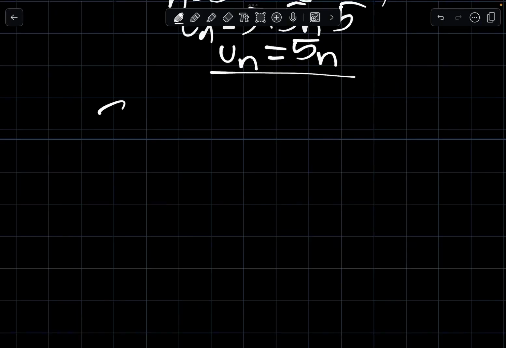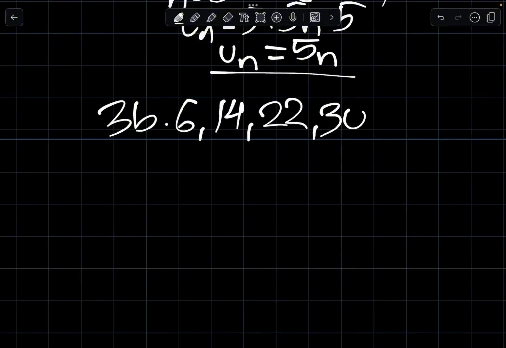Okay. Next is going to be 3b. We have 6, 14, 22, 30, so on and so forth. You can recognize that our u_1 is going to be 6, and our difference here is going to be 8, plus 8 every time.